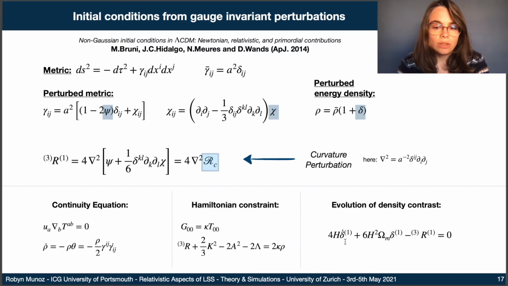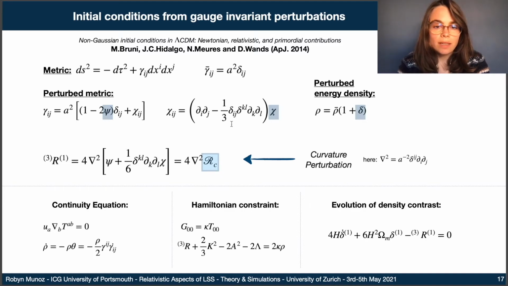The homogeneous solution corresponds to the decaying mode that is related to the Hubble expansion, and then the particular solution is related to the curvature perturbation. And so in the matter-dominated era, the decaying mode is expected to have fully decayed away, so we only consider the particular solution in this case. And so we can then express delta as a function of R_C.